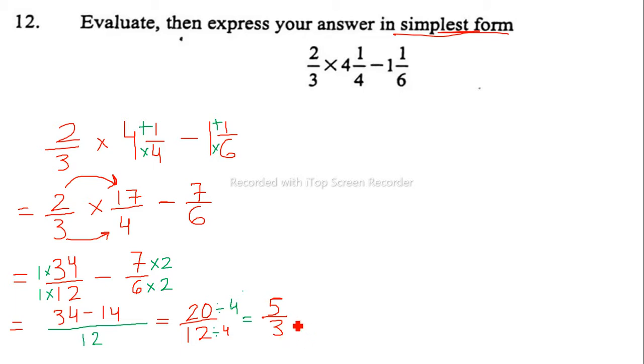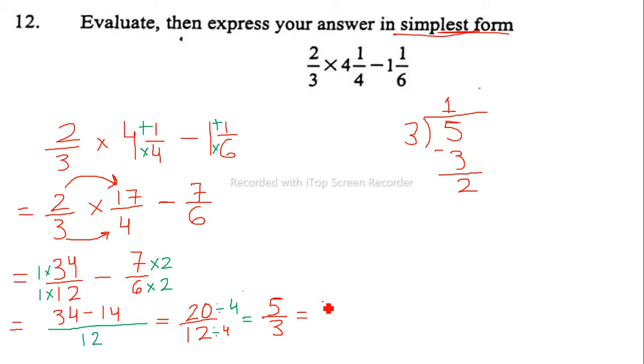We have 5 over 3, and we can write it as a mixed number. 5 goes in itself. 3 goes into 5 once. 5 minus 3 is 2.